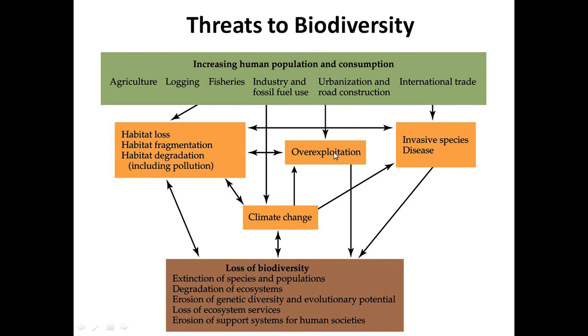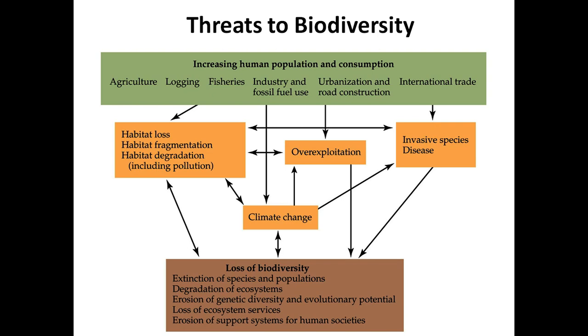And overexploitation is another direct result of human activities, such as fisheries. And also, mainly because of the movement of various things around the globe, we are introducing invasive species on a daily basis. And you can see that some of these threats are interacting with each other to create a synergistic effect.